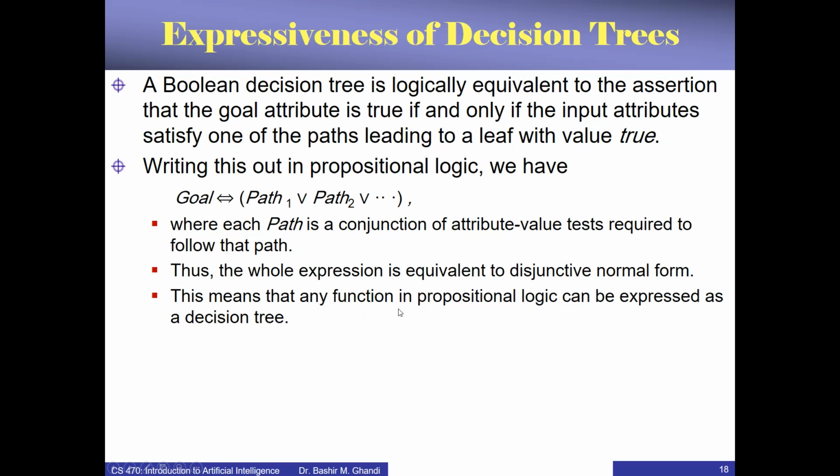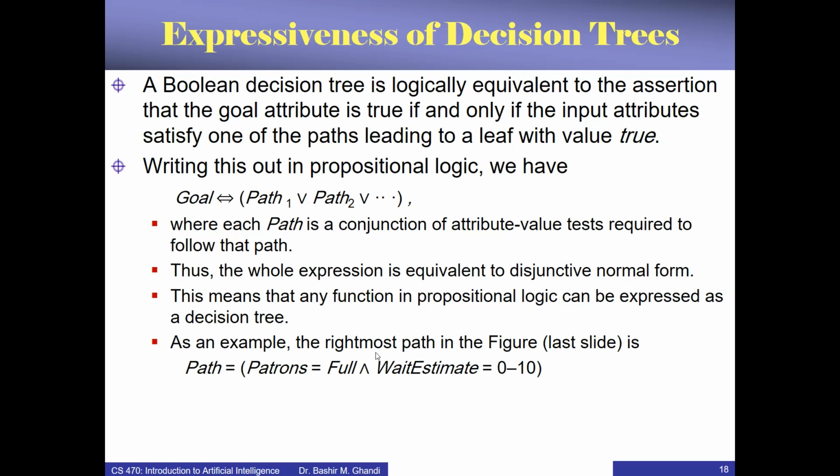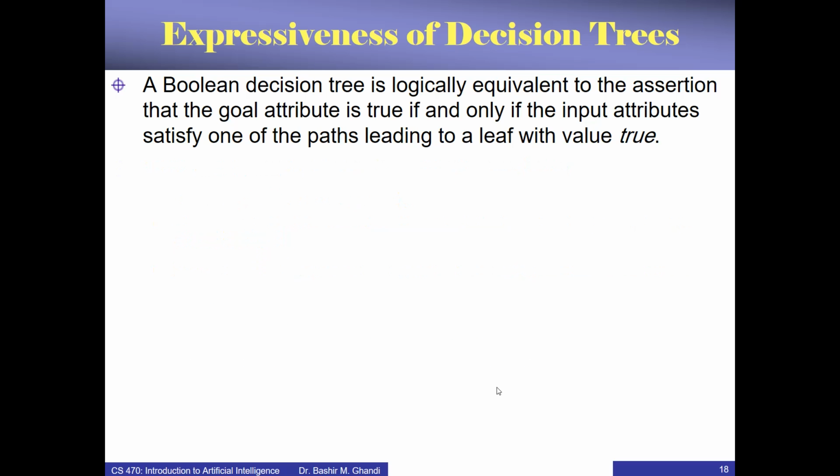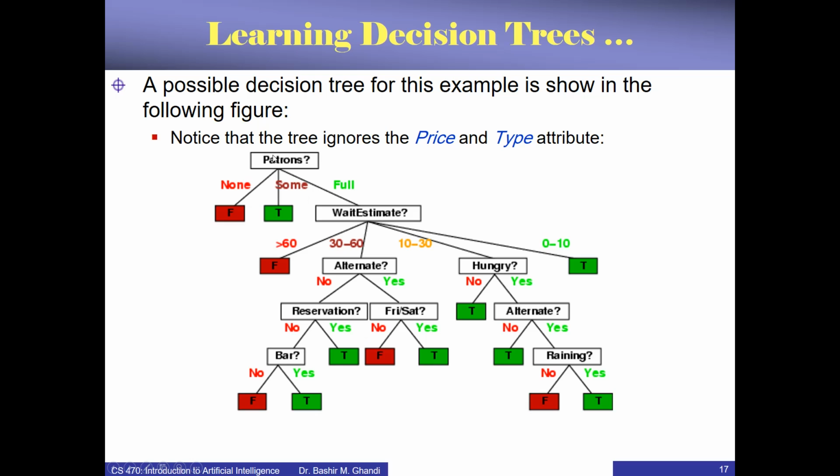Now what this means is that any function in propositional logic can actually be expressed as a decision tree. As an example, the rightmost path in the figure we saw on the last slide, I will go to it in a moment, can be written as patrons is equal to full and wait estimate is equal to 0 to 10. Let's go to that path and you see what I'm talking about.